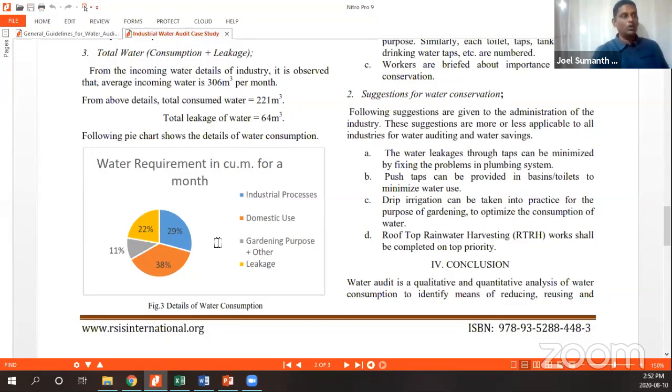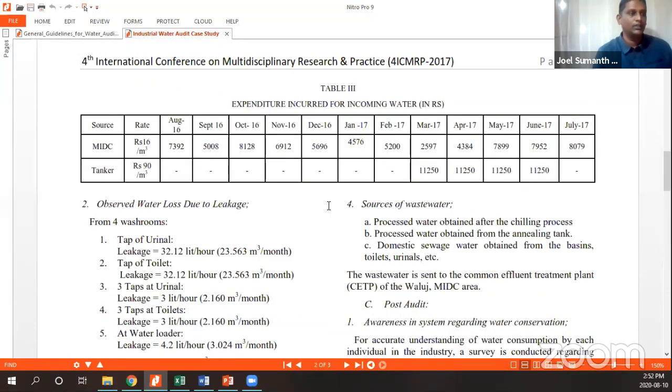So based on identifying how much water is being lost, you can give suggestions to the client as to what necessary steps to take, how to fix these leakages, and how to increase the efficiency of water consumption. So these are the sources of waste and how to address the waste.